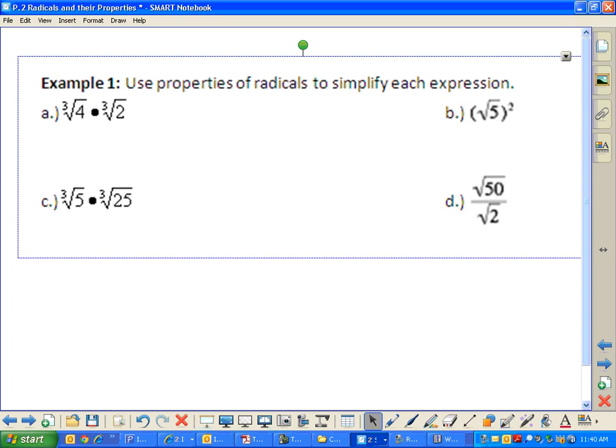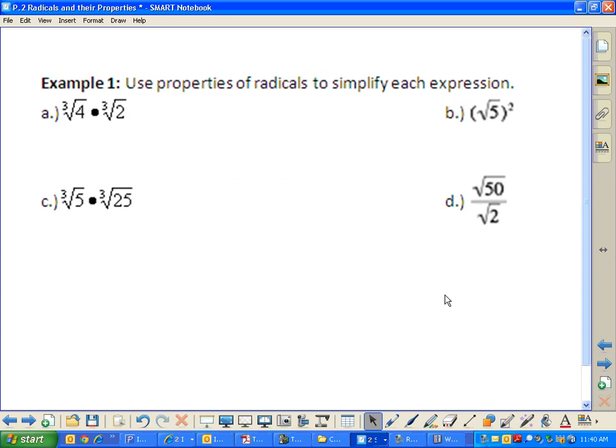So here in example 1, we're asked to use those three properties of radicals to simplify each expression. So for part A, do you see how we're multiplying the two radicals together? That's my visual cue to use the product property.